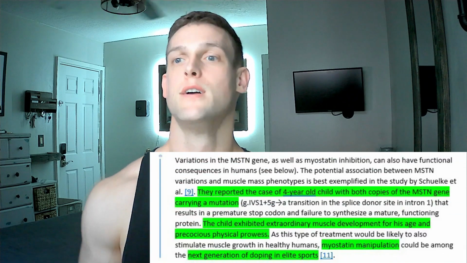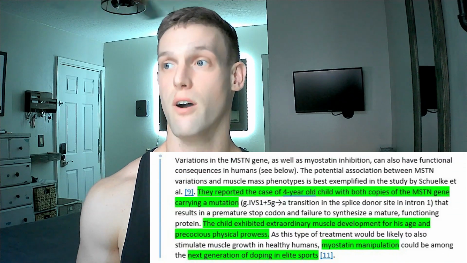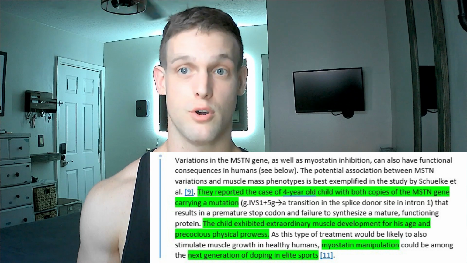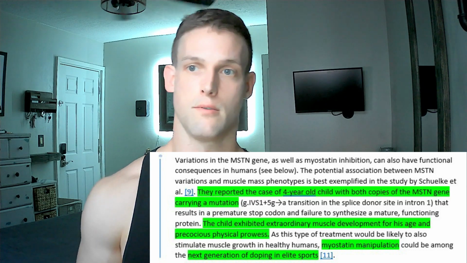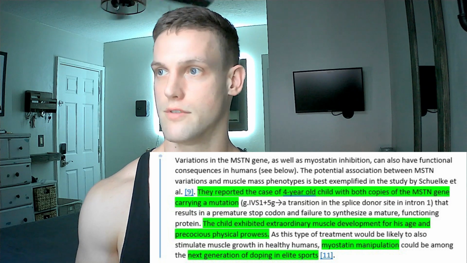They even called it precocious. This is what it reads right here: his physical prowess was precocious along with his development, and he had this K153R polymorphism.